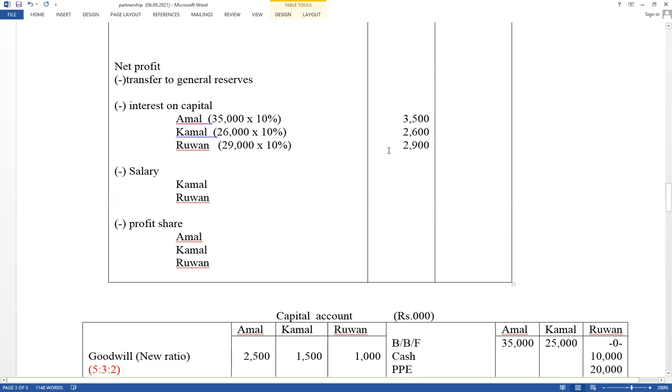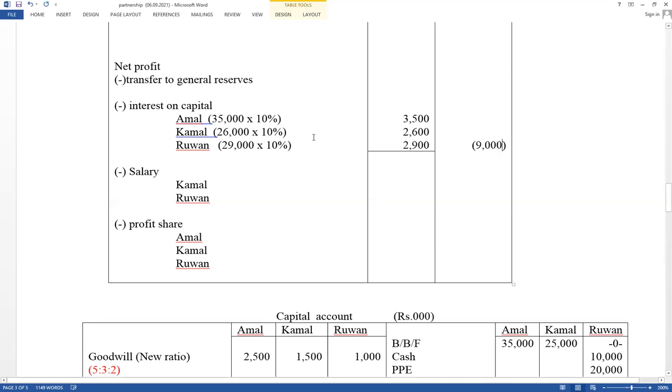Think, interest on capital should be included in appropriation accounts as well as partners' current accounts. Total value within brackets. Deduct total value: 3,500 and 2,600 as well as 2,900. Therefore, total value equals 9,000.